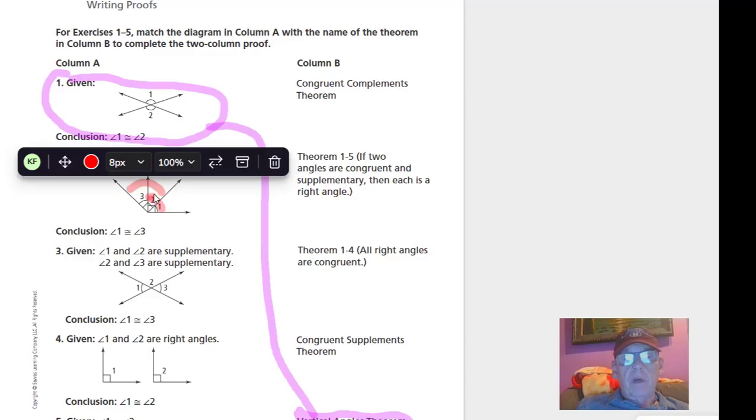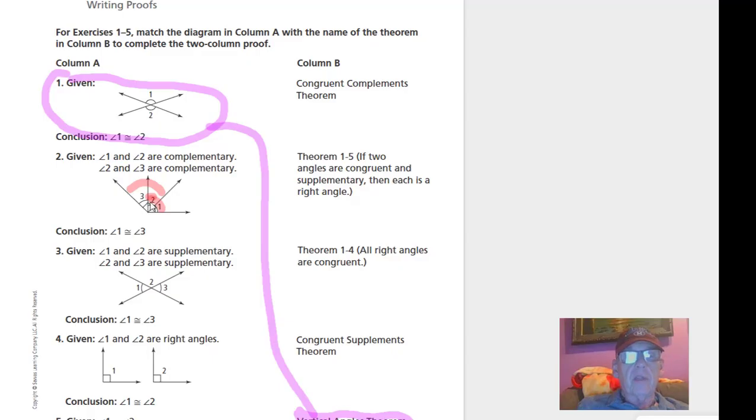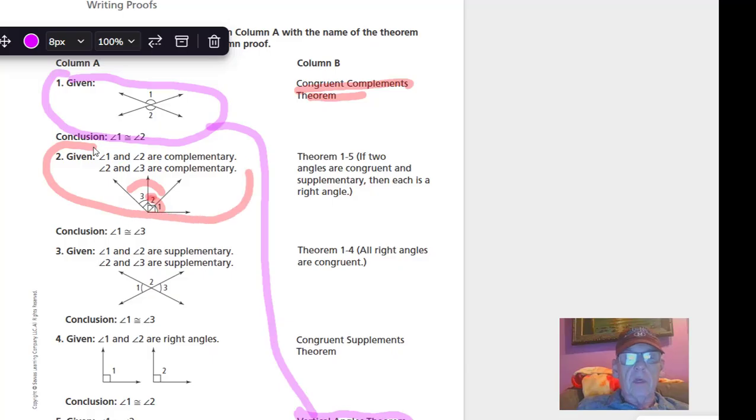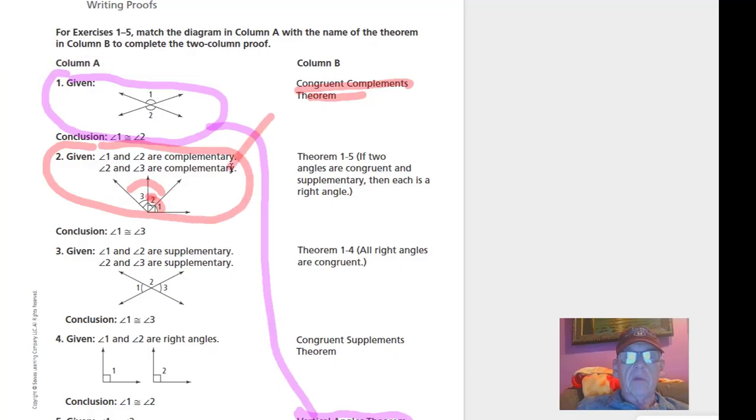And if angle 2 is 30 degrees, angle 2 and angle 3 must also add to 90 since angle 2 and angle 3 are complementary. So that leaves angle 3 and angle 1 with the same measure. So these are complementary angles, and we call this the congruent complements theorem, which is this one. This is congruent complements. So we have congruent complements there that matches with this one.